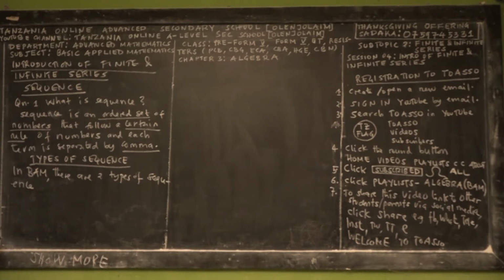In math there are two types of sequences: the first one is called the finite sequence, and the second one we call the infinite sequence.